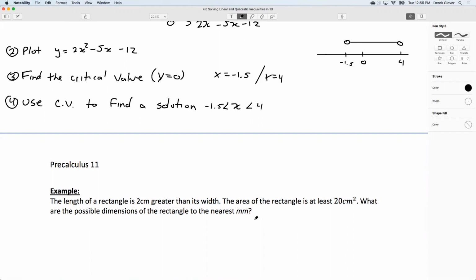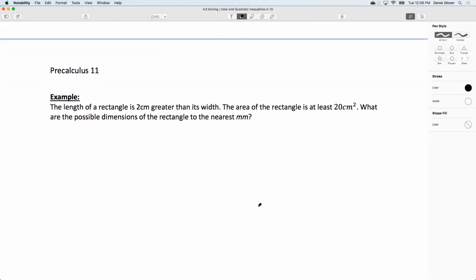All right, so we've got to set this problem up to start. We've got to draw a diagram and interpret what we're doing here. So we've got a rectangle. There's going to be a length and a width dimension. We'll call this the length and we'll call this the width. Now, the length of the rectangle is 2 centimeters greater than the width.